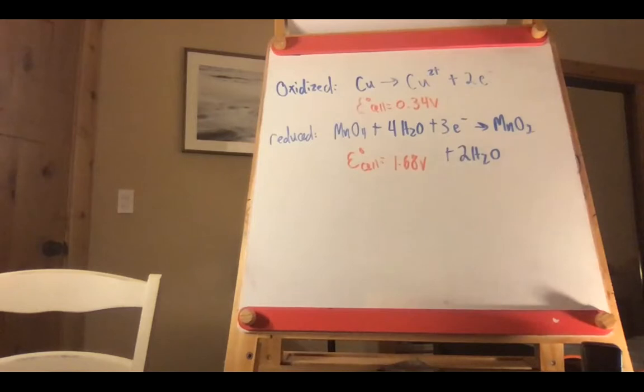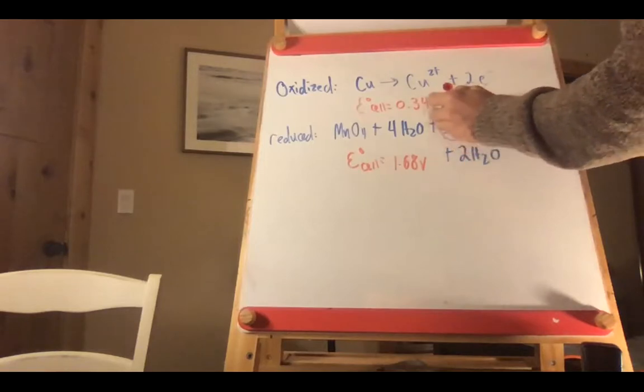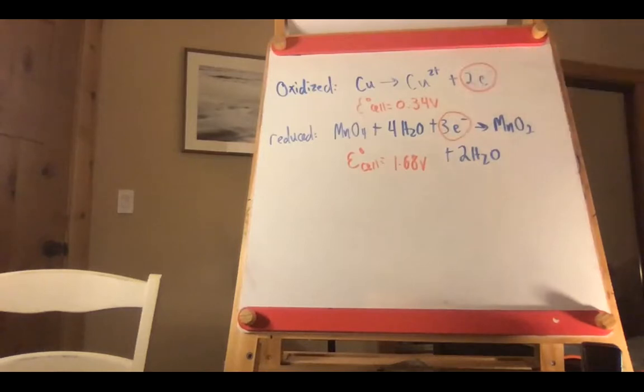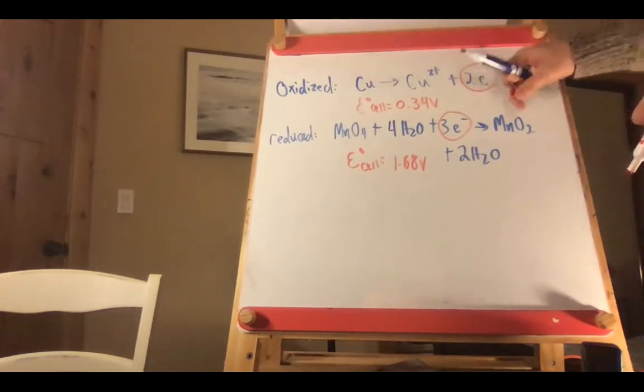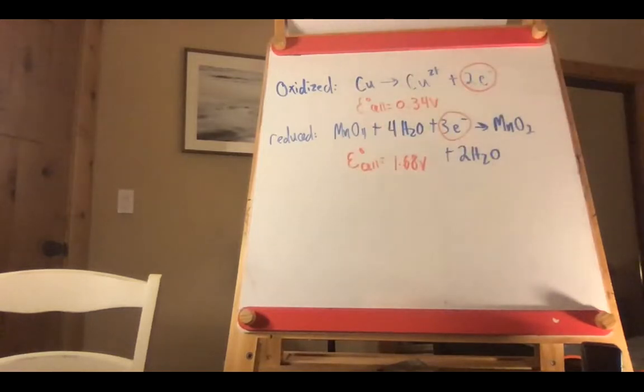The next thing we need to do is balance the electrons. Okay, so we have a 3 here and a 2 here. 2 times 3 is 6. So if we multiply everything up here by 3 and everything down here by 2, the electrons will be balanced, right? So I'm just going to write it in quickly.